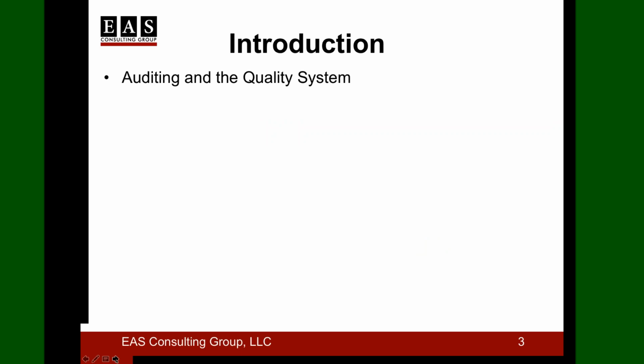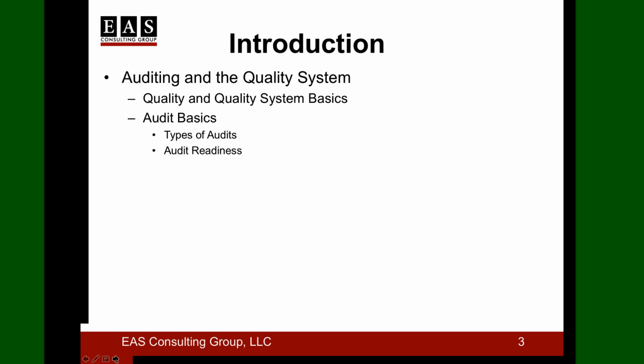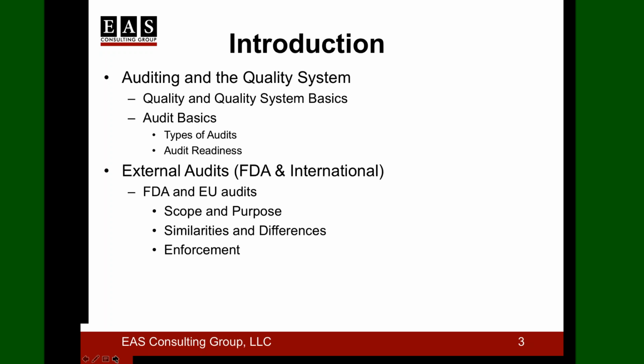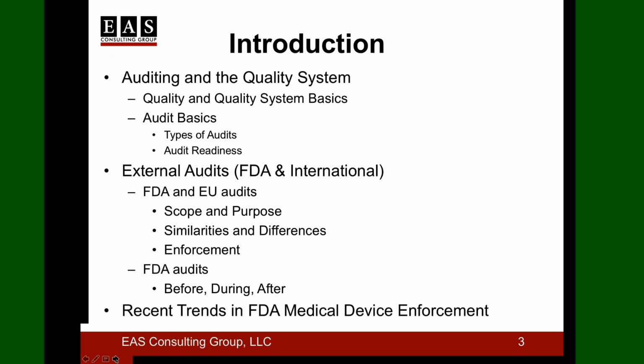We're going to talk about auditing, what auditing is, the quality system, look at some quality system basics, audit basics, types of audits, audit readiness, FDA and international audits, scope and purpose, similarities and differences, and enforcement, FDA audits, how you behave before, during, and after, and recent trends in FDA medical device enforcement.